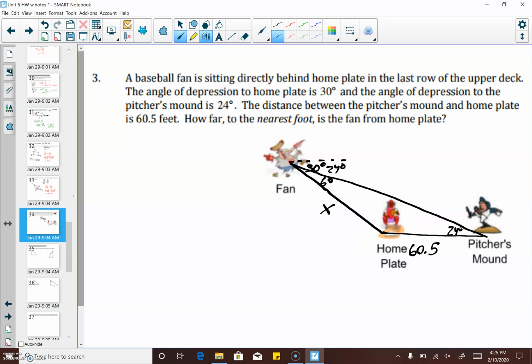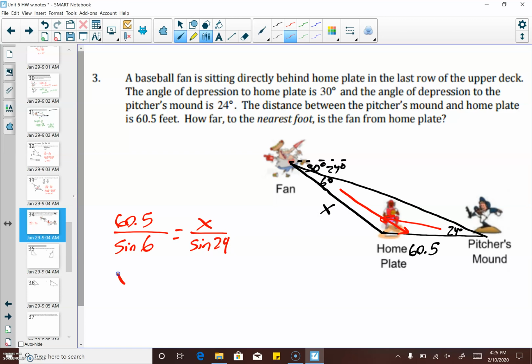So that 24-degree angle of depression to the pitcher's mound is also the angle of elevation from the pitcher's mound. So now we have two sets of opposite sides in our triangle. That's going to give us 60.5 over the sine of 6 equals x over the sine of 24.